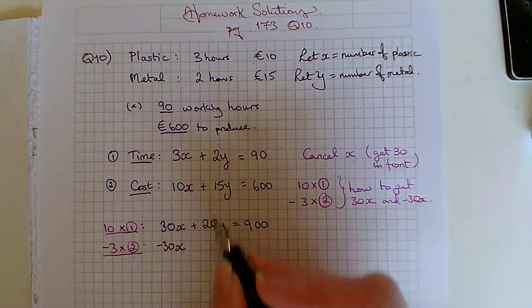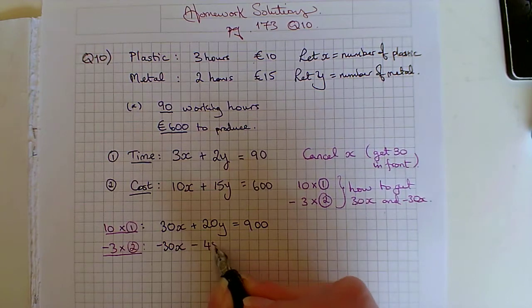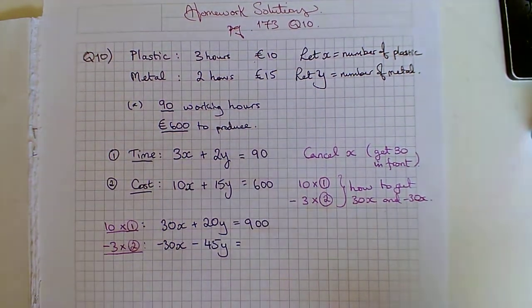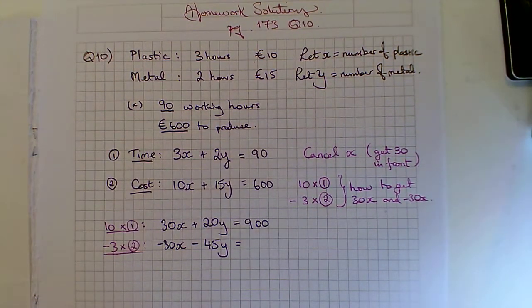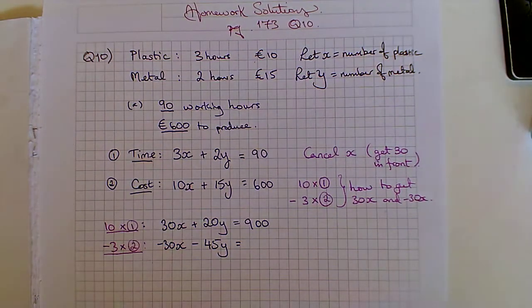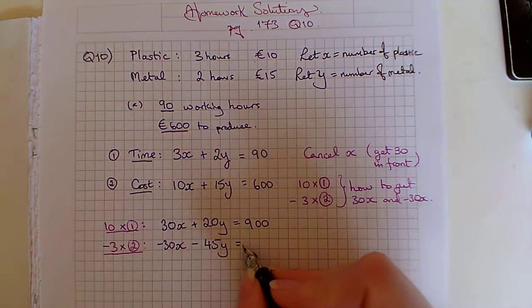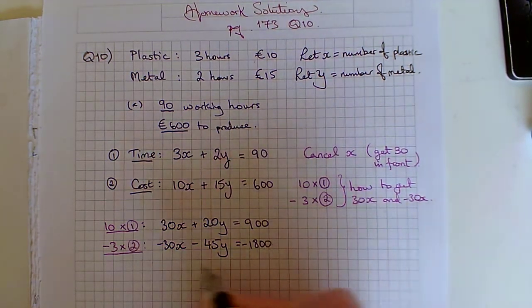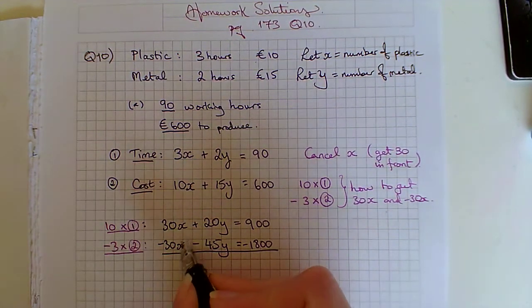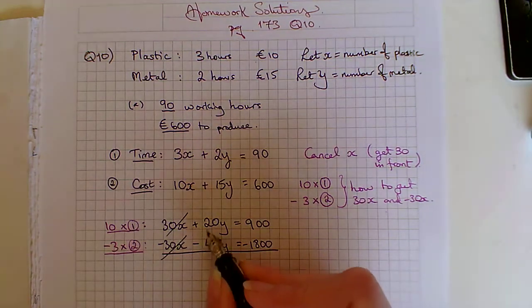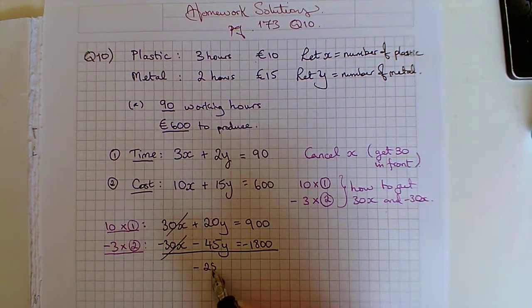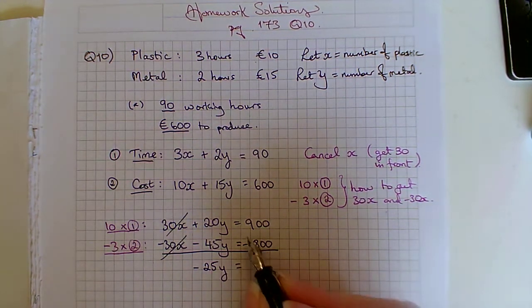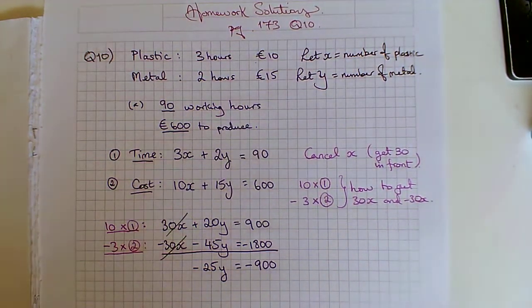A minus 3 by 15 is minus 45y equals minus 3 by 600, which is minus 1800. Getting my calculator ready as well. So minus 1800. And we put our equations together. The x's cancel. 20 take 45 is negative 25. 900 take 1800 is negative 900.